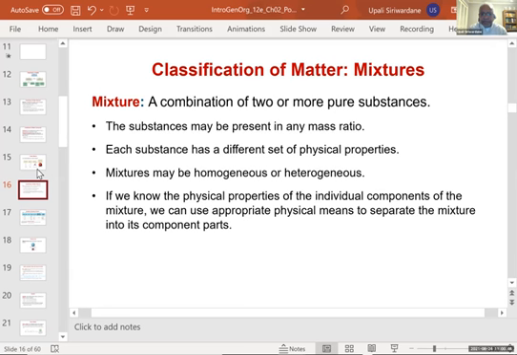If we know the physical properties of the individual components of the mixture, we can use appropriate physical means to separate the mixture into component parts. For example, if you have salt water from the ocean, how do you separate salt from the water?